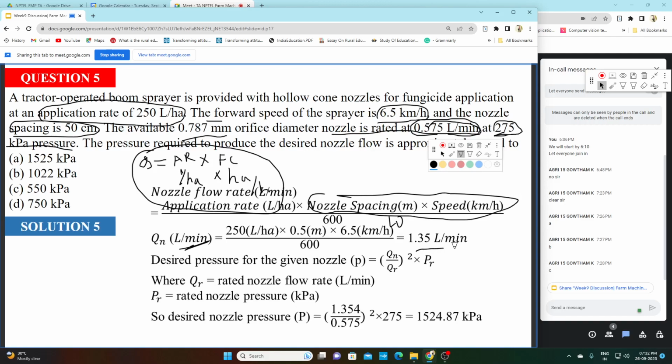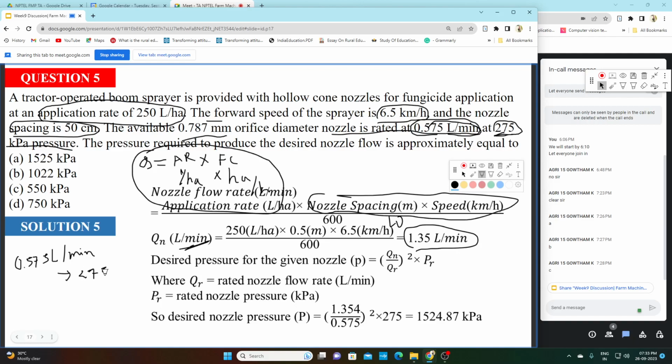So we are getting our nozzle flow rate as 1.35 liter per minute. Now we know that for this flow rate, that is for 0.575 liter per minute, our pressure is 275 kilopascal.